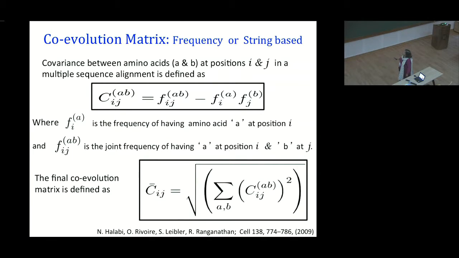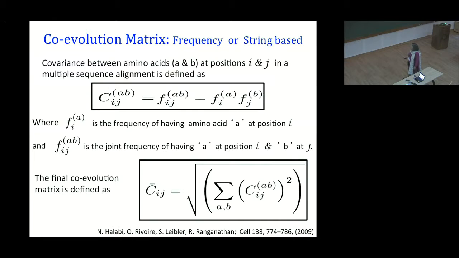And this is the usual definition of correlation frequencies. And you sum over all the amino acids and find a final correlation matrix like this. Ranganathan et al. in Cell have done this analysis.